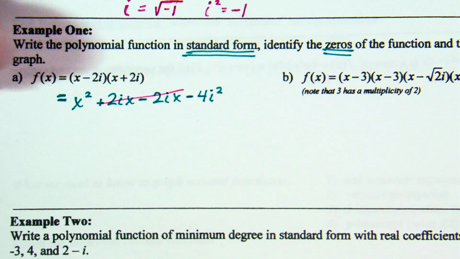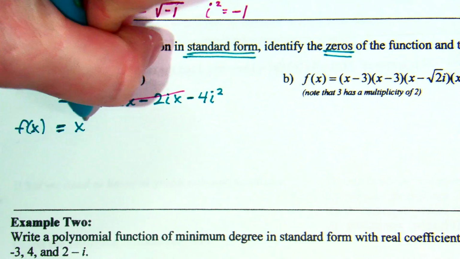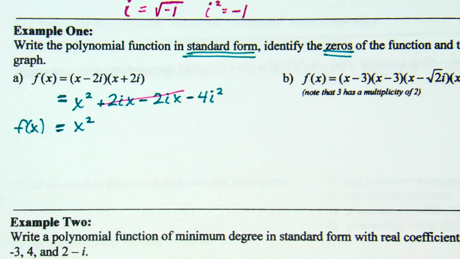So I'm going to have f of x equals x squared, plus 4? What do you know about i squared? It's going to be minus 1. I squared is negative 1, and negative 4 times the negative 1 makes it a plus 4.